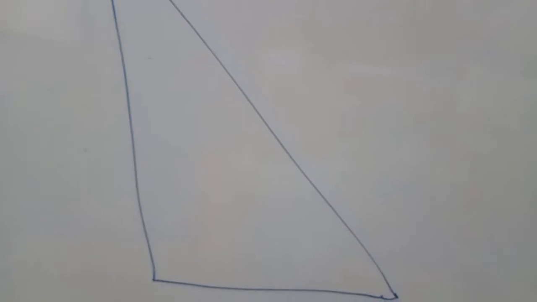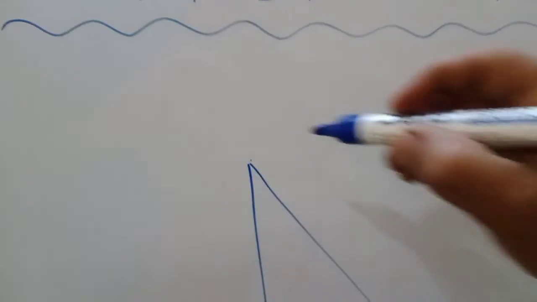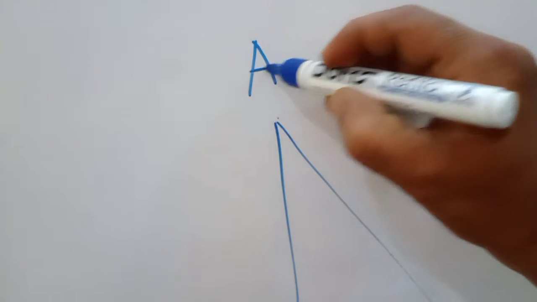I have drawn a right angle triangle. I will show you in detail. A, B and C. We now have a triangle ABC. It is right angled at B. BC is the base, like this, and A is at the top, apex, vertex.